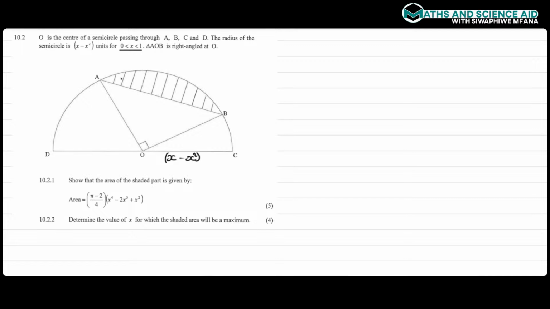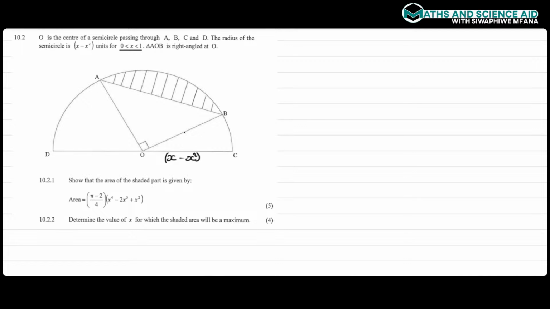Well, firstly here we've got a semicircle. We know that the area of a circle, just a circle, is pi r squared. That's the first thing to keep in mind.